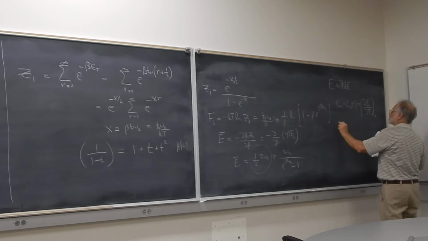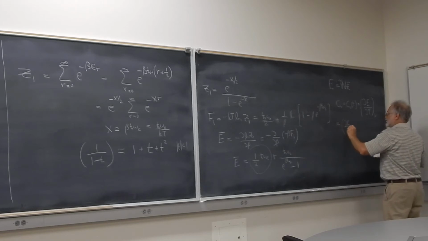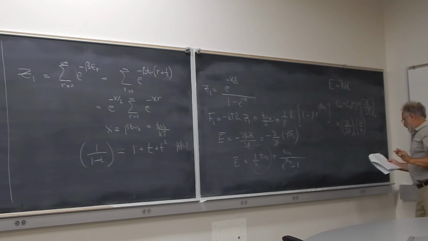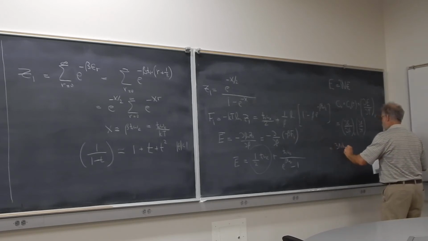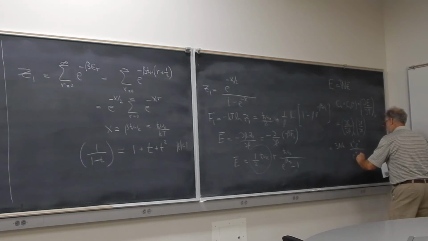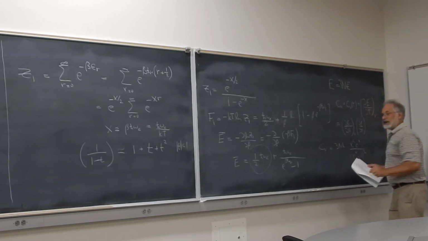And to do that, I can do a chain rule, and I'm going to write that as dE d beta at constant volume, d beta dT. That will give me 3NkX squared e to the x divided by e to the x minus 1 quantity squared for my total heat capacity.